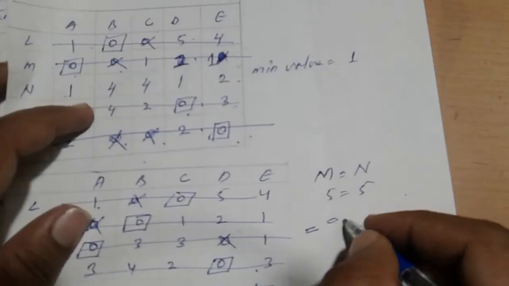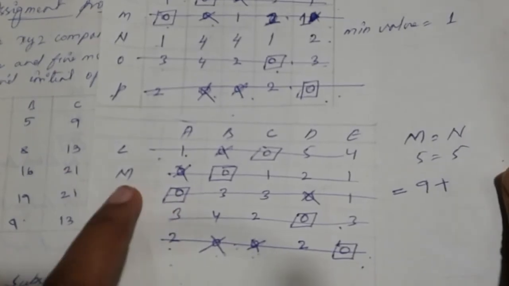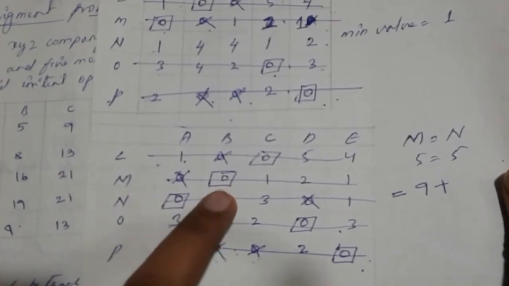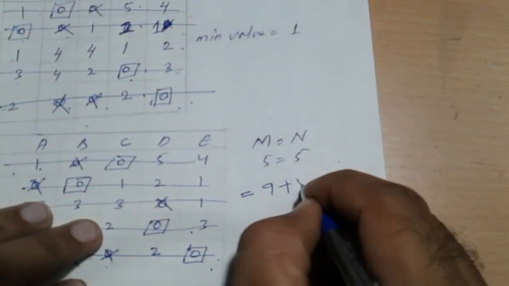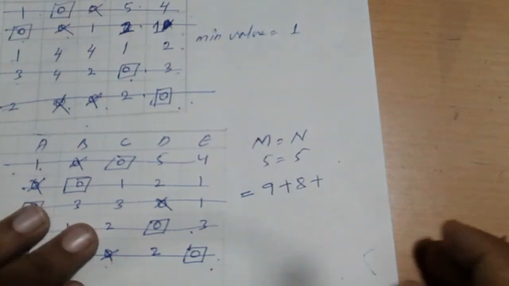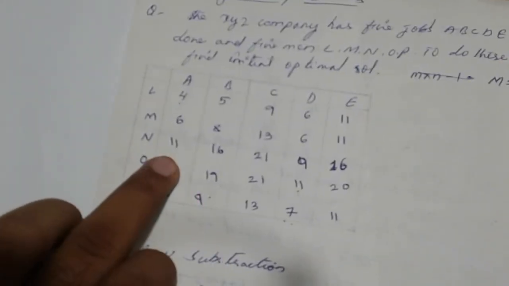9 is the cost, plus. Second, we are getting M in B. So where is M? Here. M in B is 8. So 9 plus 8 plus. Third one, N in A. N in A is 11.